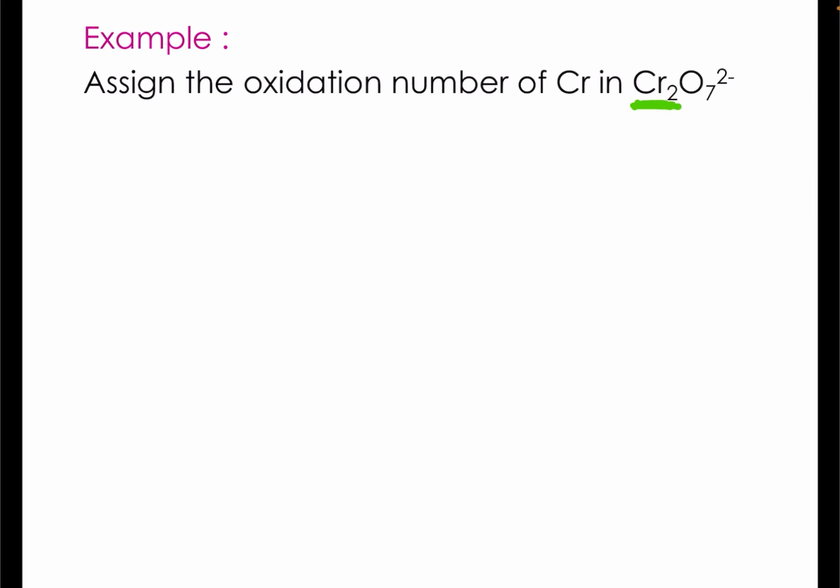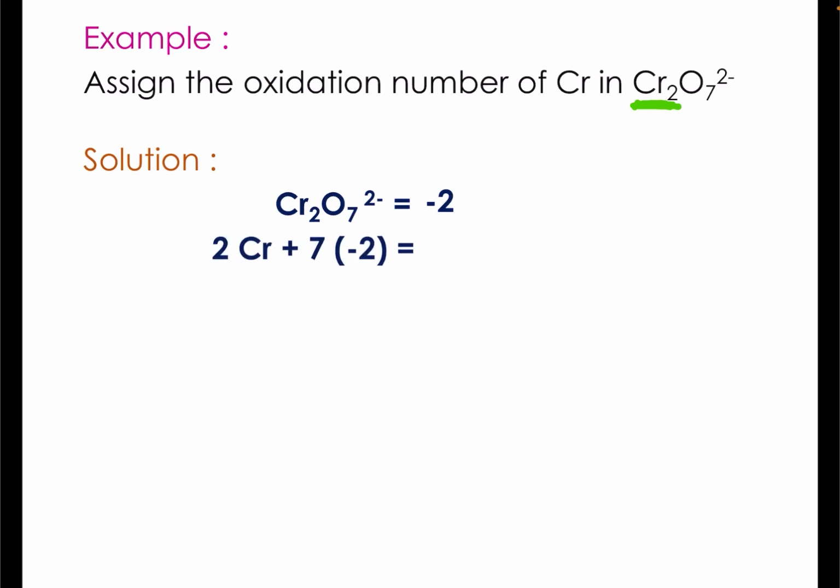So, first thing first, tulis dulu formula untuk Cr2O7 2 minus equals to, case ini adalah rule number 9 kita akan guna untuk polyatomic ion. Dia akan bersamaan dengan charge yang ada di sini, iaitu 2 minus. So, dia akan jadi negative 2. And the next one, saya akan ceraikan. So, bila saya ceraikan, saya akan dapat 2 Cr plus 7.